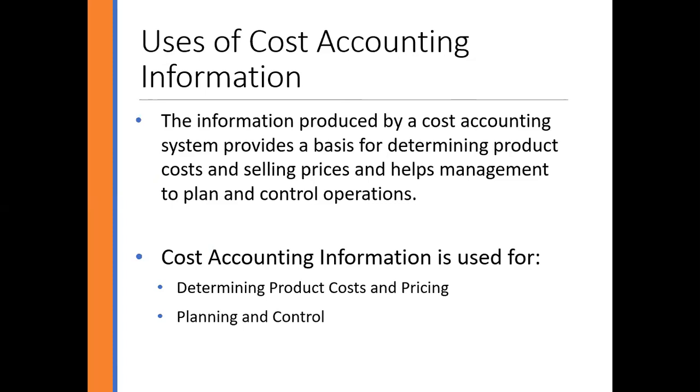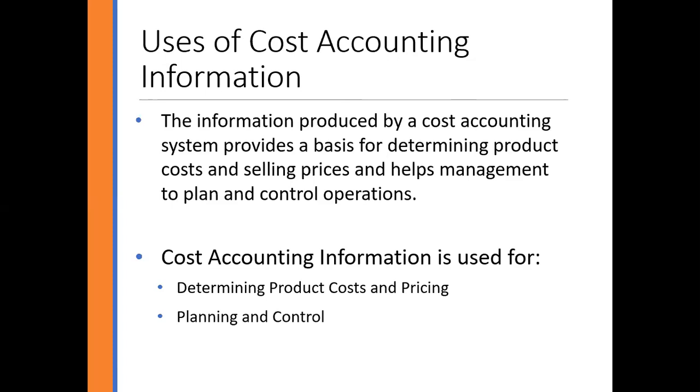But when we're able to determine cost per unit, and cost per unit would be made up of, again, the three main manufacturing costs: materials, labor, and overhead. And using those, we're able to determine cost per unit, and then from there establish selling prices and budgeting.